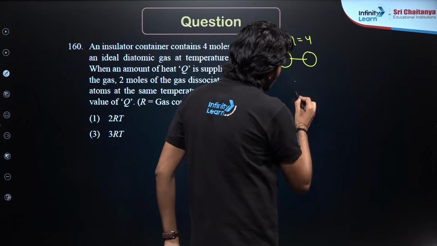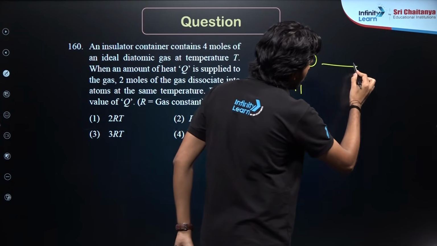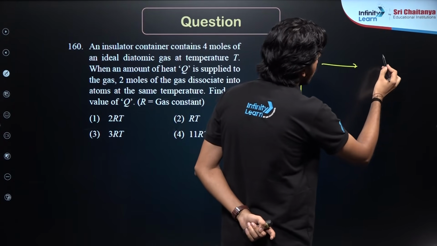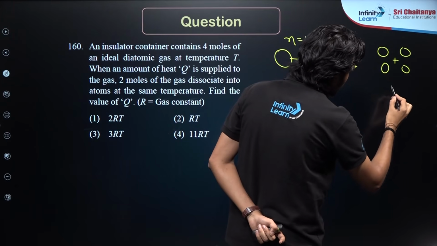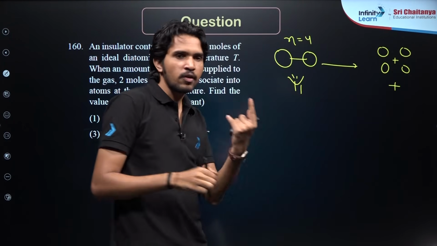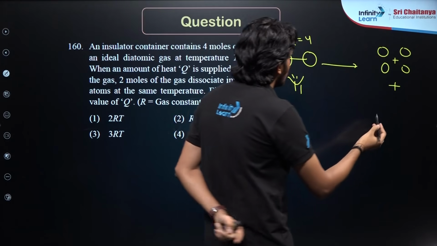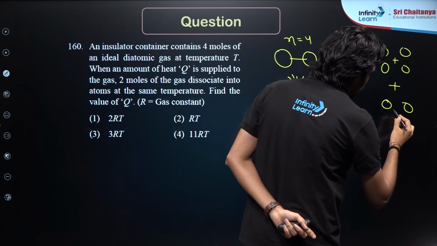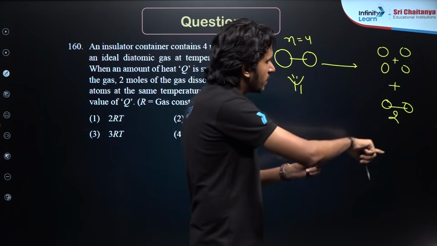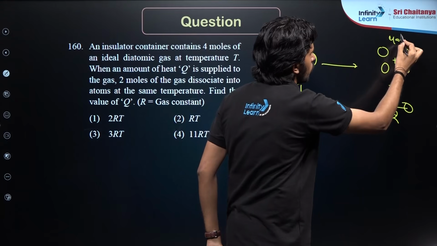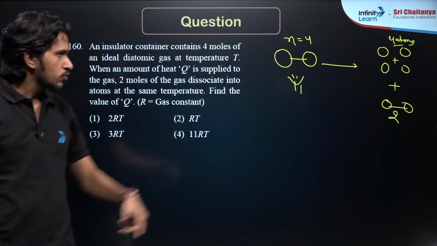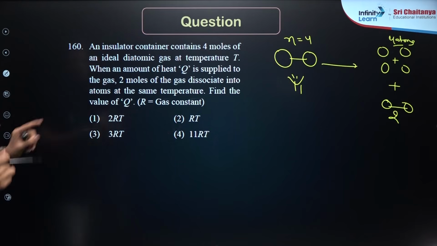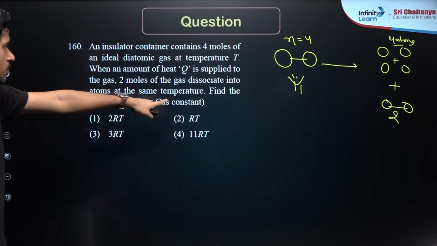So 2 moles are dissociating, which gives 4 moles of atoms, and we still have 2 moles of the diatomic gas. I hope you understood.